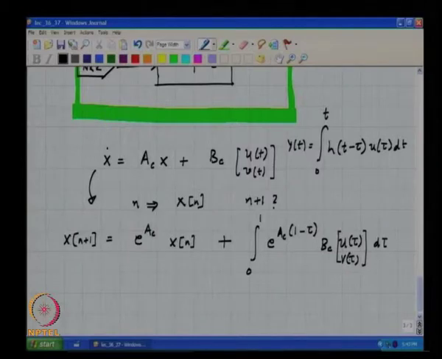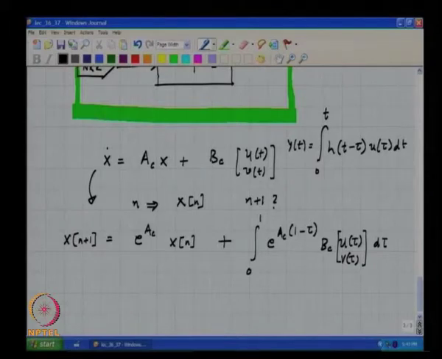Okay. But within this interval, what are u and v? They are u of n times constant 1.